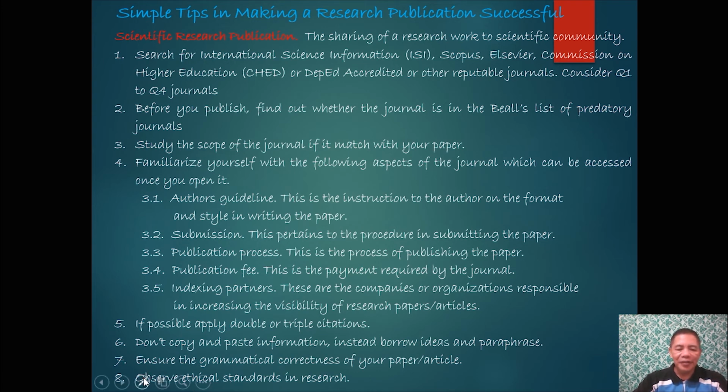And tip number 8, observe ethical standards in research. There are so many standards in research. One is to avoid plagiarism. So before you submit your paper, be sure that it has undergone a plagiarism test.